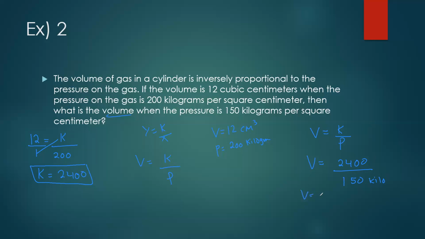Put it all together, you get 2400 over 150. So 2400 divided by 150 is 16, and then it would be centimeters cubed because that is what our volume is.